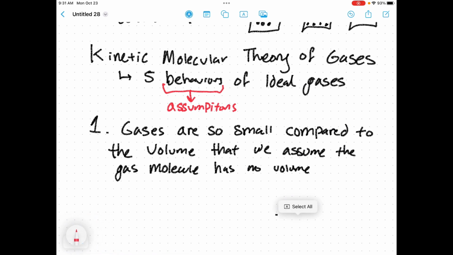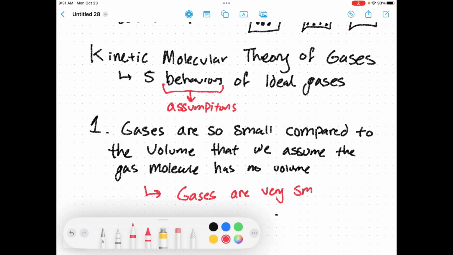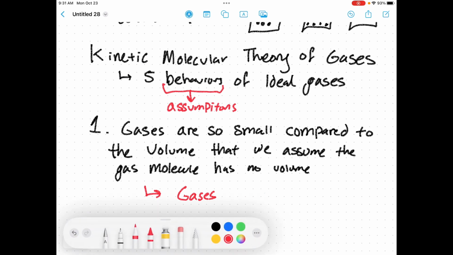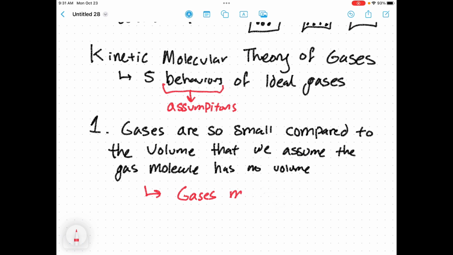We're going to simplify that to just say gas molecules are so small they take up no space.